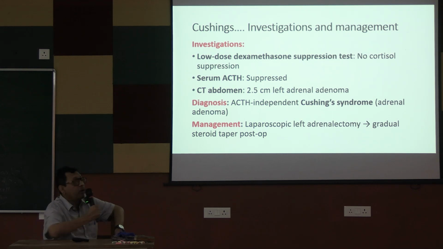Now we'll have to find out, I told you it is the tumor of zona reticularis, fasciculata. So this is the area, can be ACTH dependent and it can be non-ACTH dependent. What is the importance of the ACTH dependence?